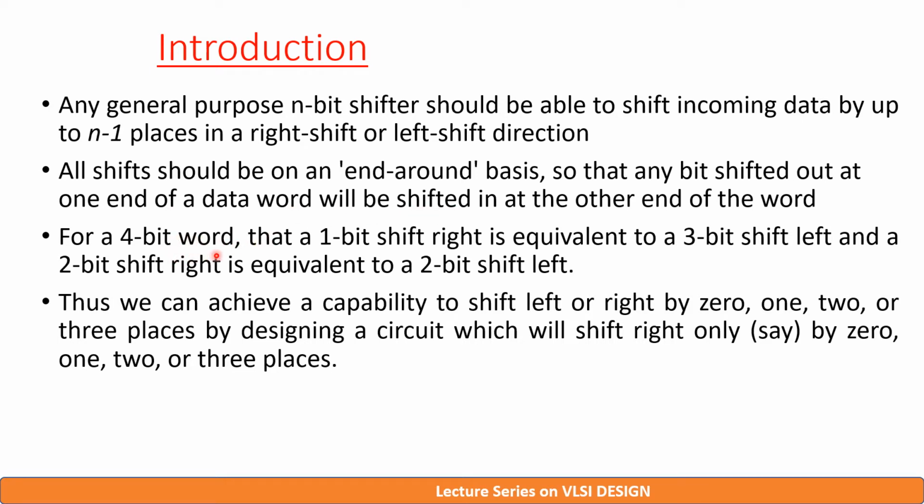For a 4-bit data word, a 1-bit right shift is equivalent to 3 left shifts, a 2-bit right shift is equivalent to a 2-bit left shift, and a 3-bit right shift is equivalent to a 1-bit left shift. Thus we can achieve the capability to shift left or right by 0, 1, 2 or 3 places by designing a circuit.